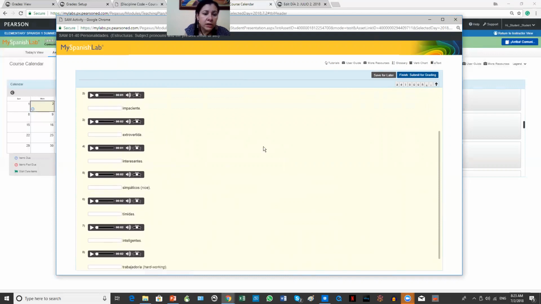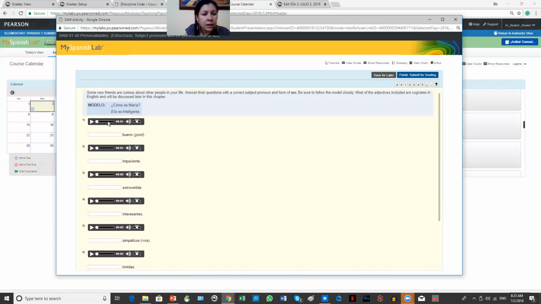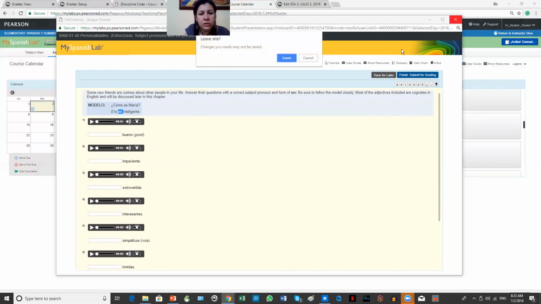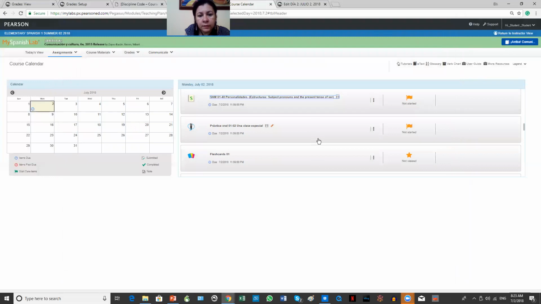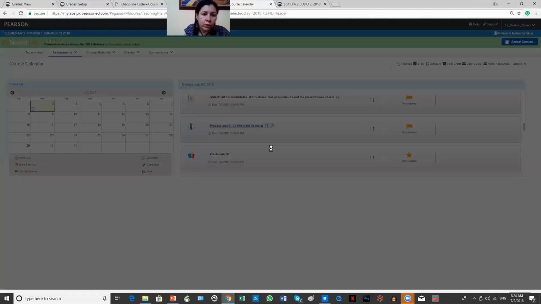So you're gonna write the answer, completing the subject pronoun you need and the verb conjugation of ser that corresponds with the person they are asking. So pay attention in listening to the question. Okay? Muy bien. I added flashcards so you practice your vocab, and I added a special oral practice for recording.